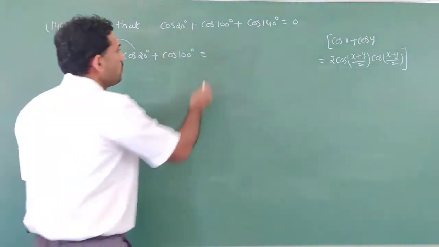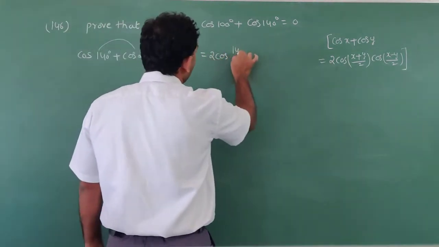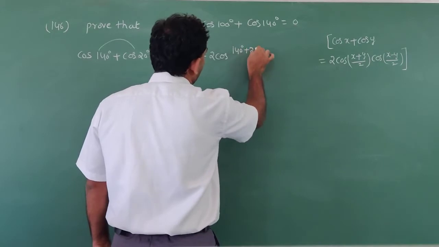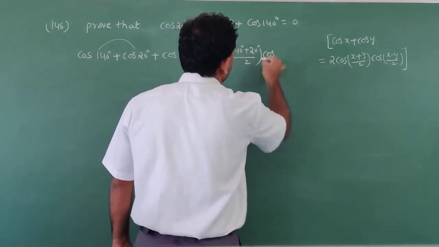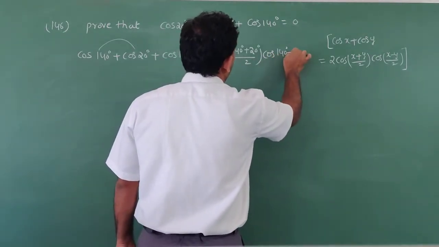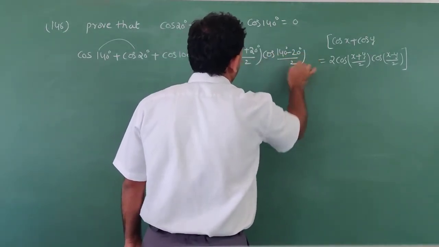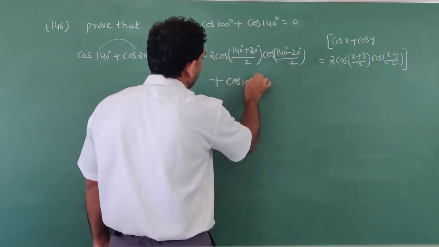Now apply the formula for these two. So 2 cos of 140 plus 20 degrees divided by 2, cos of 140 degrees minus 20 degrees divided by 2, plus cos 100 degrees.